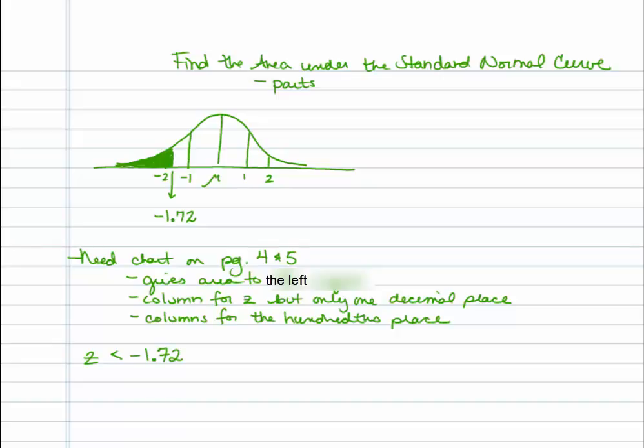Because technically you don't actually have to receive a figure. I can just give you a question like, find the area. So you want to look for a z-score of -1.7.